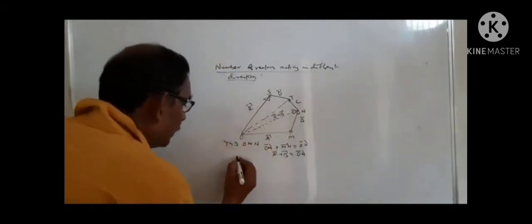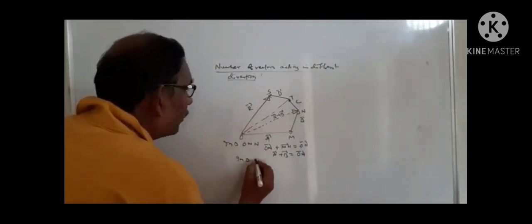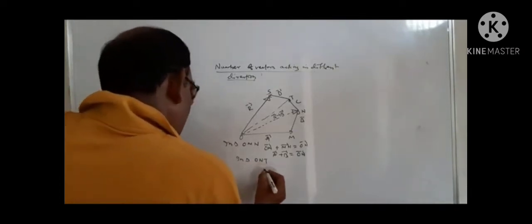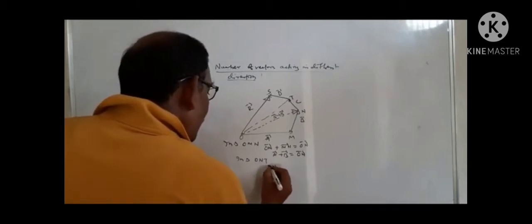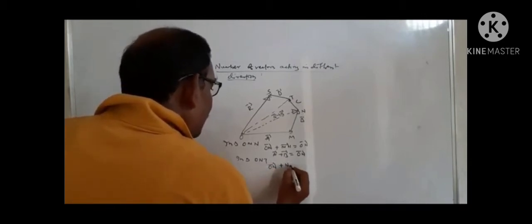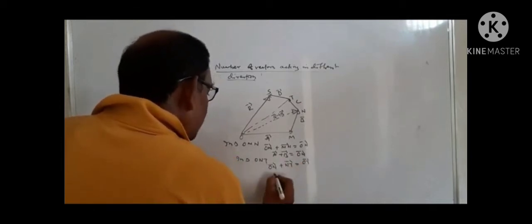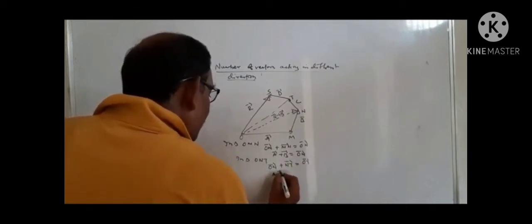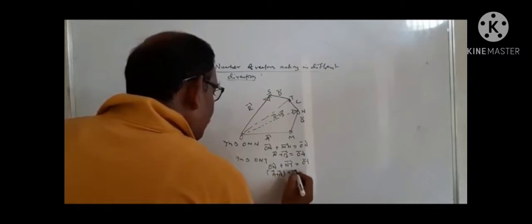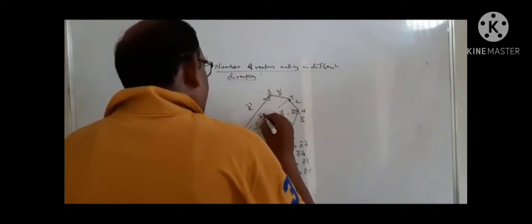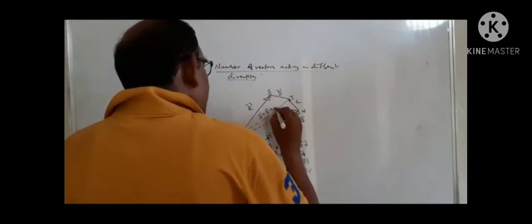Similarly, in triangle ONT, it is your ON plus NT equal to OT. So A plus B plus C is OT.